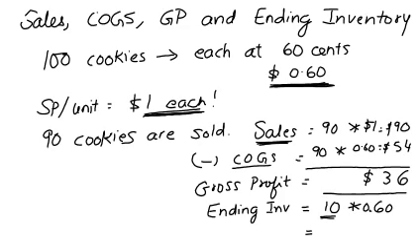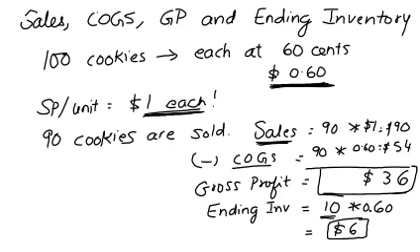So these 10 cookies which is in the ending inventory is now valued at $6. So if you were to make a balance sheet to show the value of the ending inventory, you have to value the ending inventory at cost, and therefore 10 cookies at cost is $6 and the gross profit is $36 from the sales of 90 cookies.